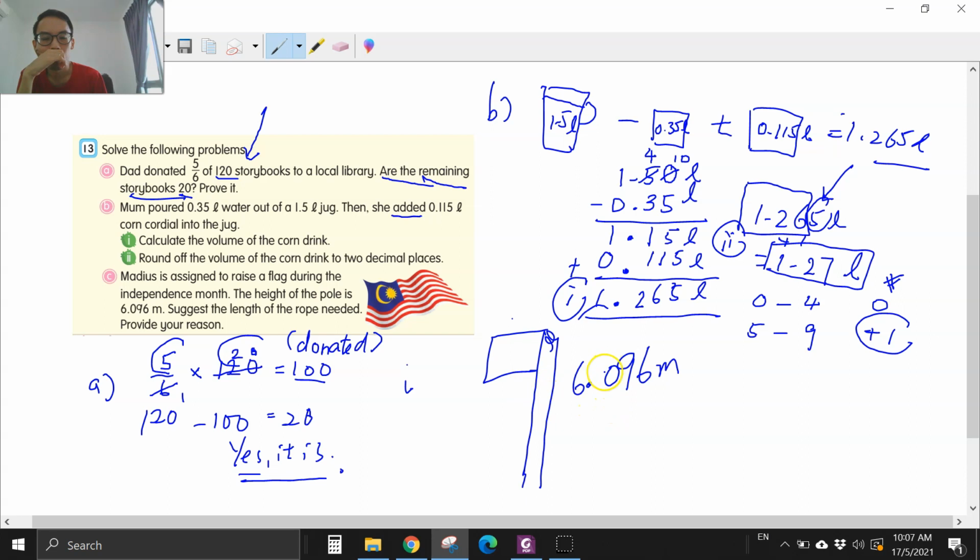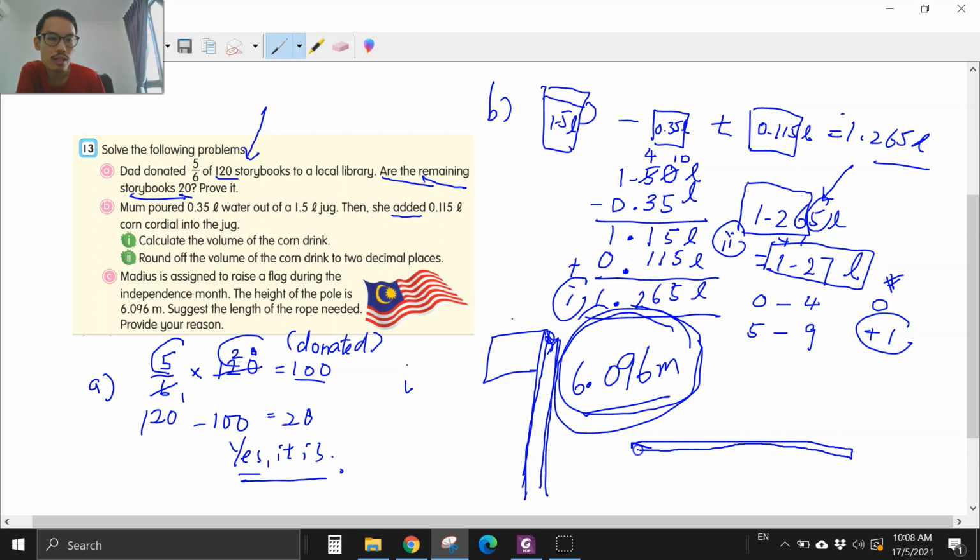So make sure your number is, so if the flagpole is this high, so you need a rope that is longer than this. Okay, kalau tiang bendera setinggi 6.09 meter, awak perlukan panjang tali lebih panjang daripada ini.